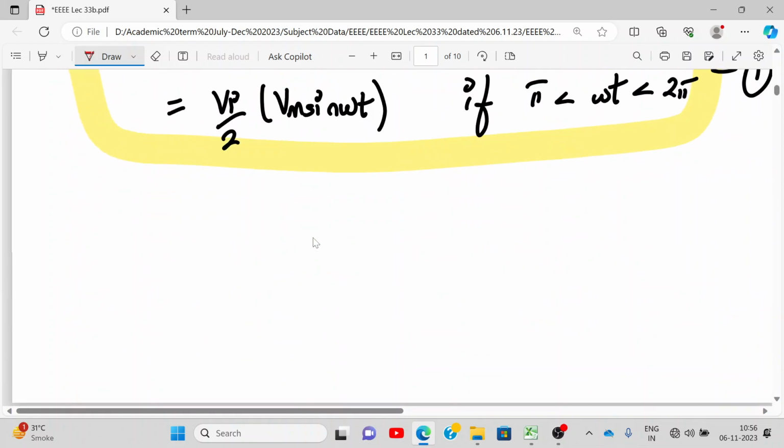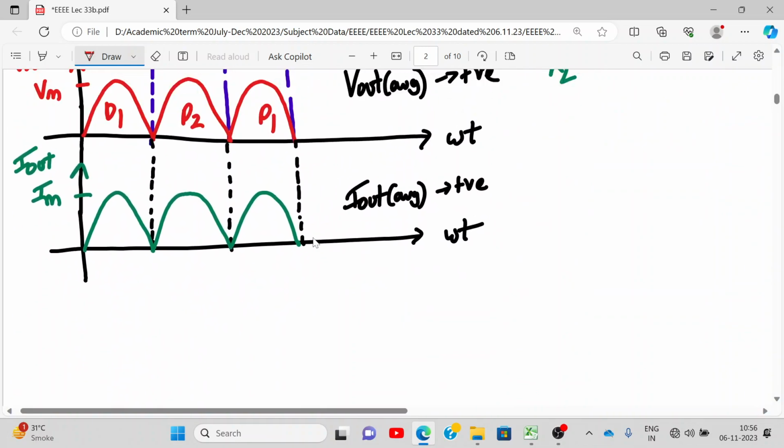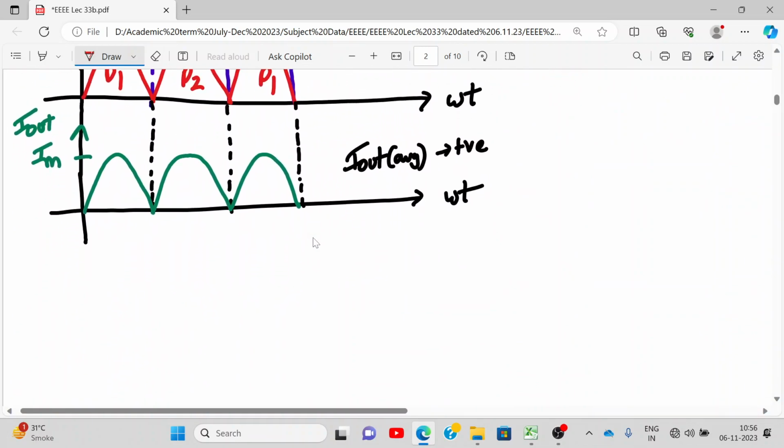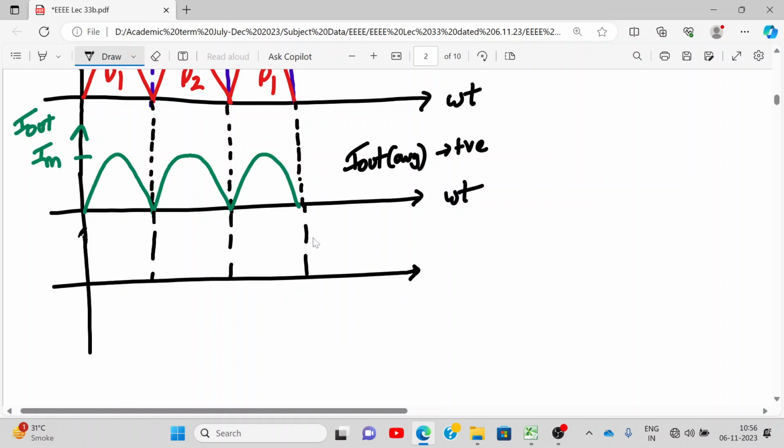So if I draw the waveforms of D1 and D2, first let me draw the waveform of D1, VD1. Help me out to draw this. This is the voltage across D1. For the first half cycle, is it on or off?